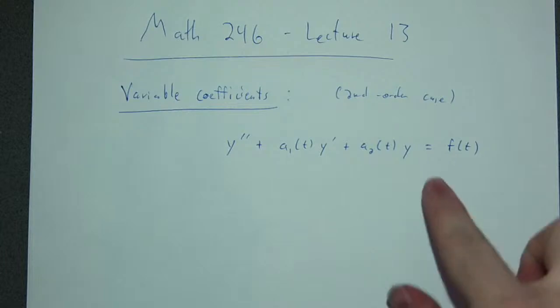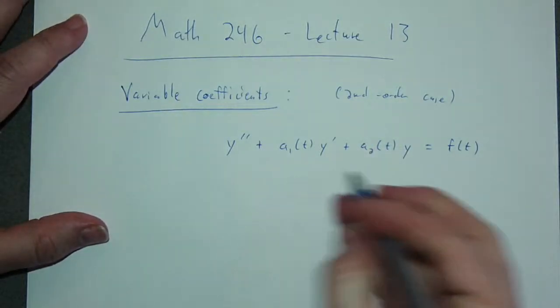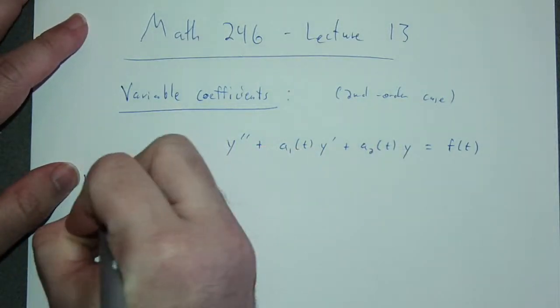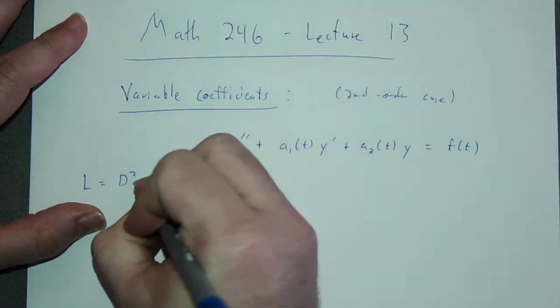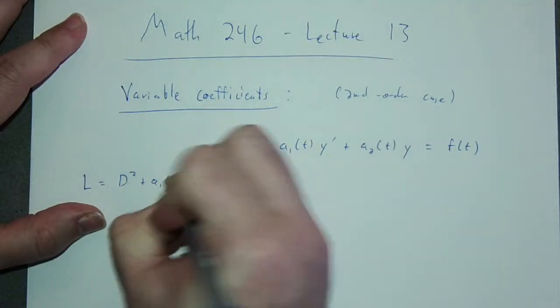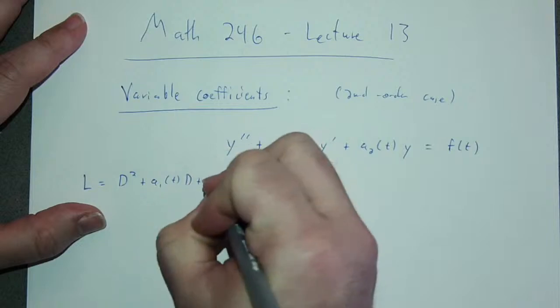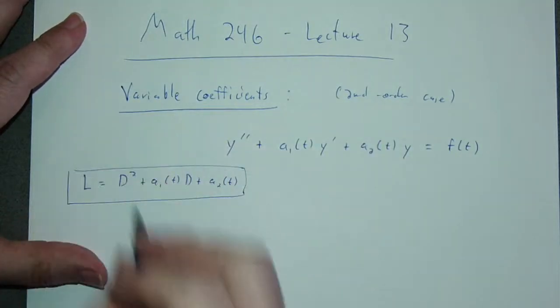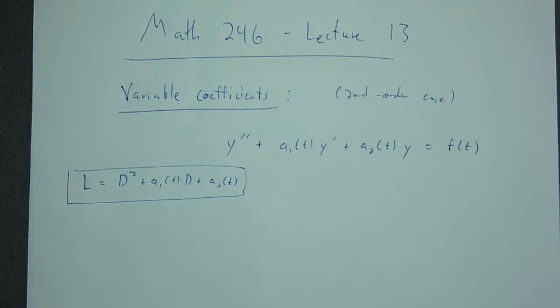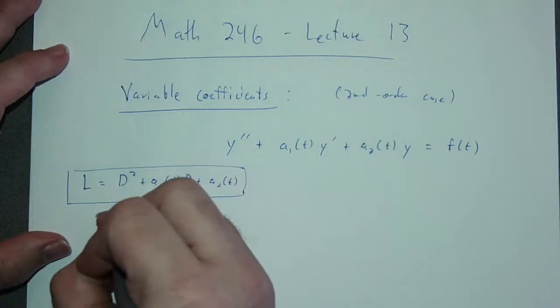If you wanted to write an L operator that gives you this, it would be D^2 + a_1(t) D + a_2(t). This clearly is not a constant coefficient operator, right? This is definitely variable coefficients.